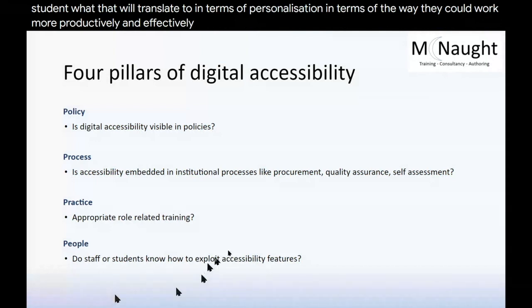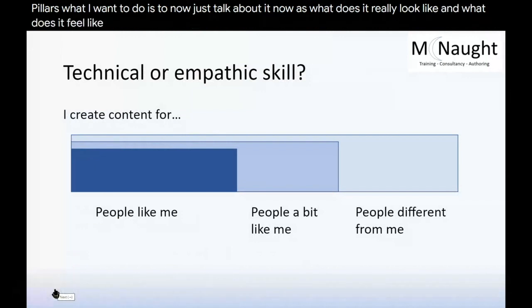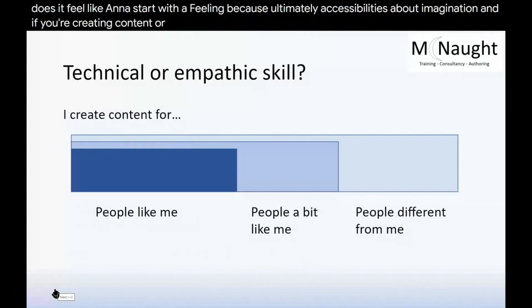So those are the 4 pillars. What I want to do is to now just talk about what it really looks like and what it feels like. And let's start with the feeling, because ultimately accessibility is about imagination. And if you're creating content or creating learning experiences for people like yourself, then that's great.